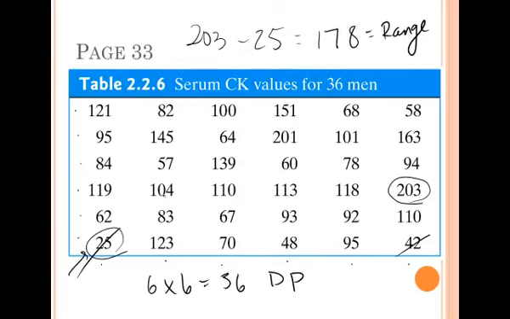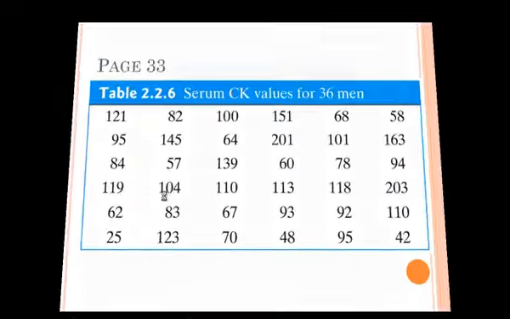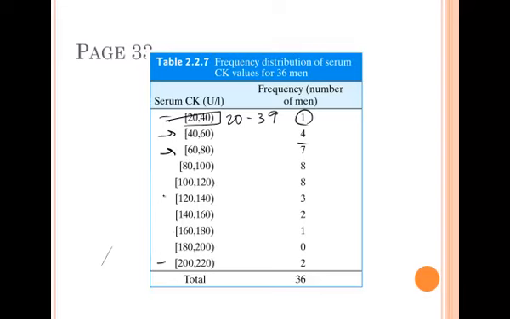So there's 1, 2, 3, 4. So those are the 4 that counted for that category. And then on down the line.